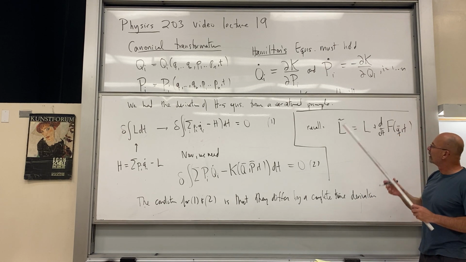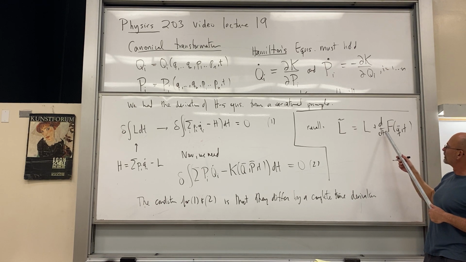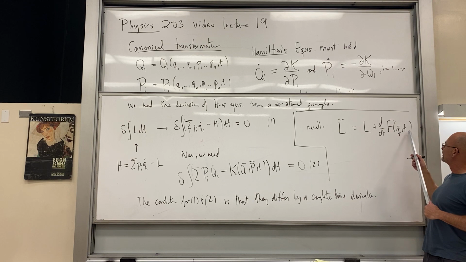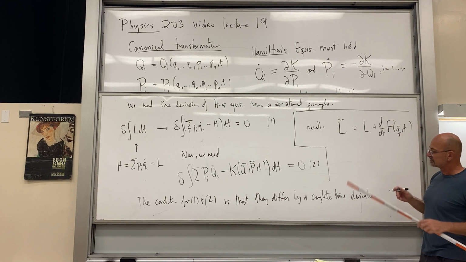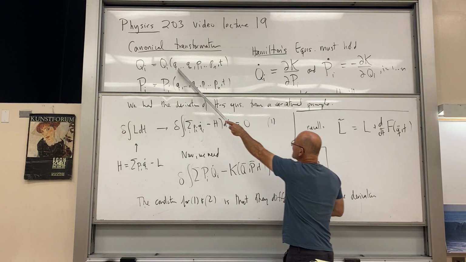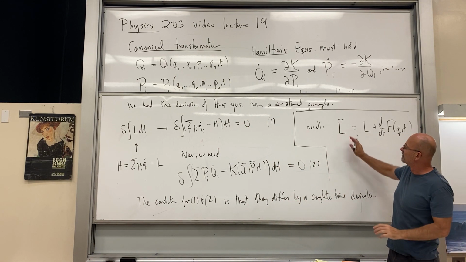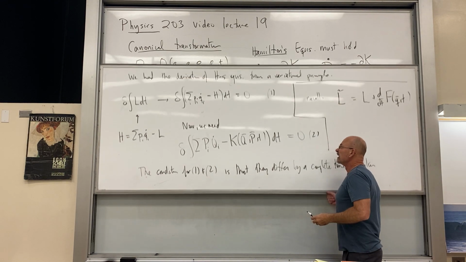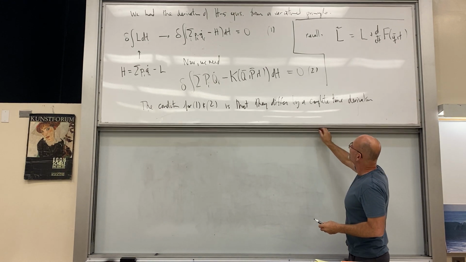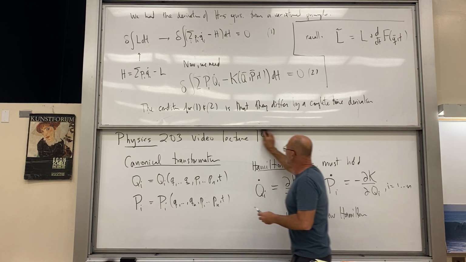So we had the equivalence of two Lagrangians if they differed by the complete time derivative of the coordinates and the time. Now, because we have these vastly extended coordinates, so to speak, we're going to get a much more extended version of that. Let me go ahead and write this down.